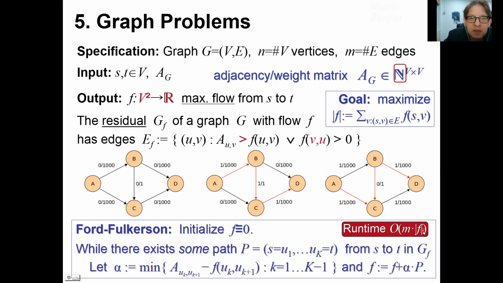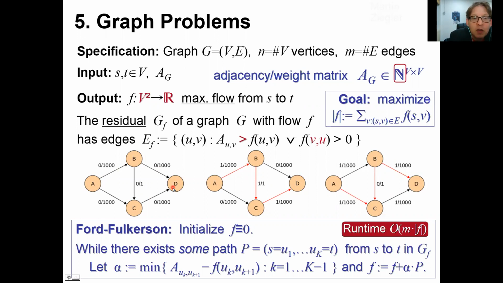Because Ford-Fulkerson has several augmenting paths to choose from in the residual graph. So in this example execution, it takes this augmenting path, which has only capacity 1 due to using this edge, but why not use this augmenting path, right? This is also perfectly reasonable, this augmenting path instead of this. Why not use this augmenting path?